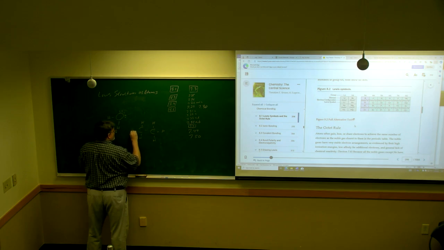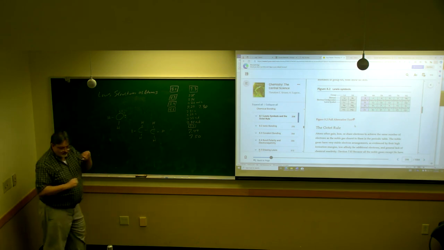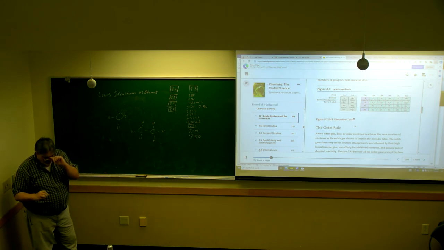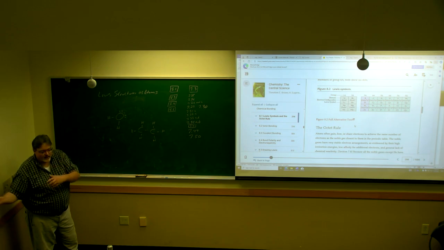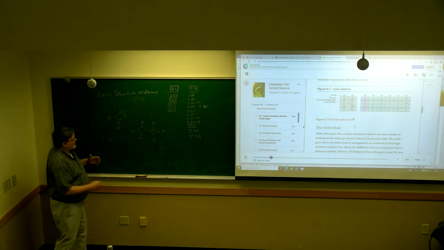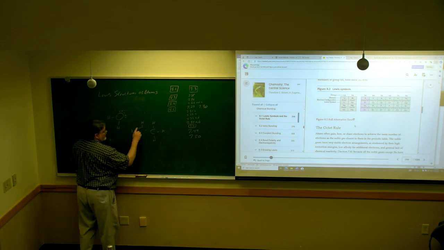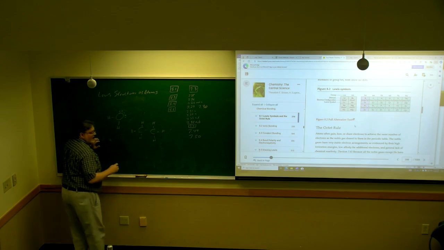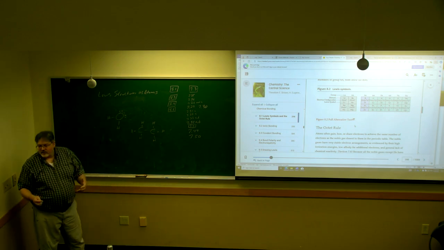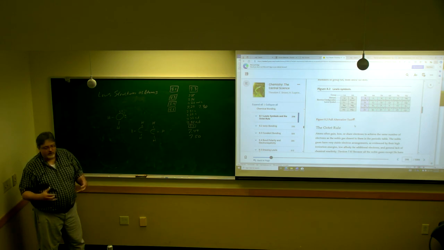So in some sense, an atom is borrowing electrons from another atom so it can have that full octet. This carbon started out with 4 unpaired electrons, but it got an extra electron from all these bonds. Now it has 8. It's sort of borrowing one from this carbon, it's borrowing one here, one here, one here. Now it's got 8. The octet rule just states that atoms always try to do this. They try to get that full octet around them.